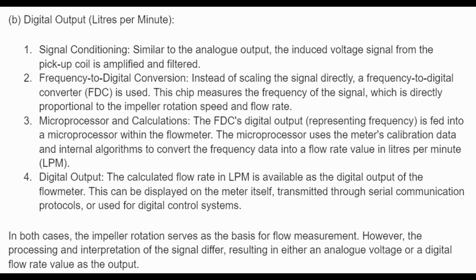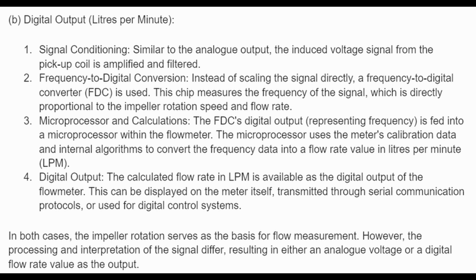This chip measures the frequency of the signal, which is directly proportional to the impeller rotation speed and flow rate. 3. Microprocessor and calculations. The FDC signal output, representing frequency, is fed into a microprocessor within the flow meter. The microprocessor uses the meter's calibration data and internal algorithms to convert the frequency data into a flow rate value in liters per minute, LPM.